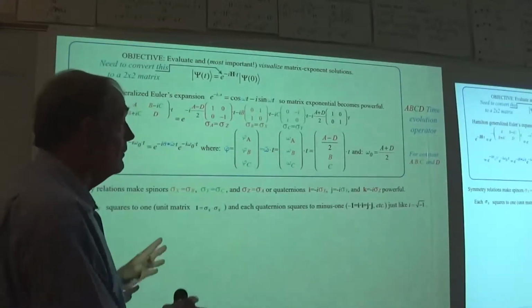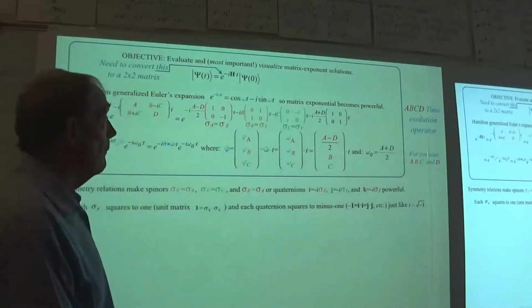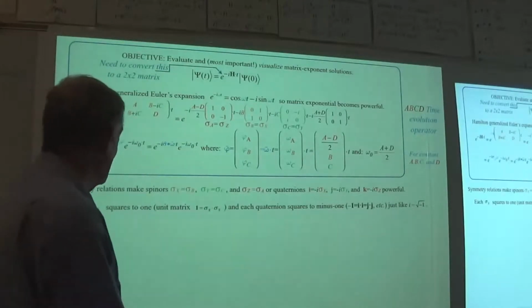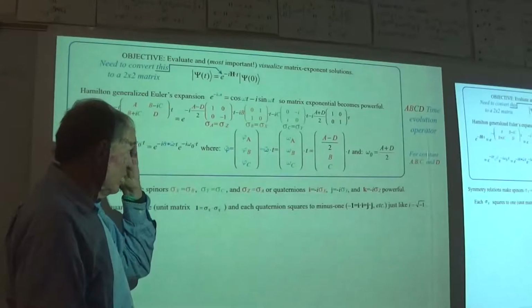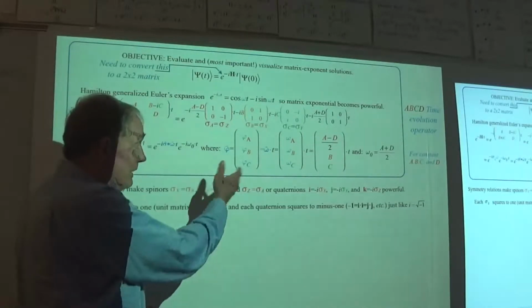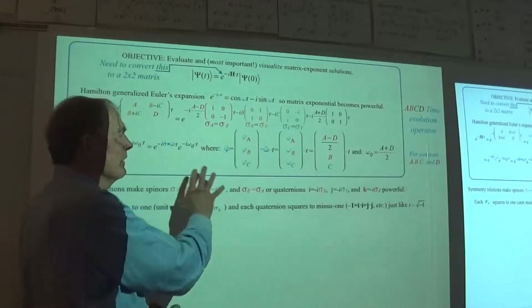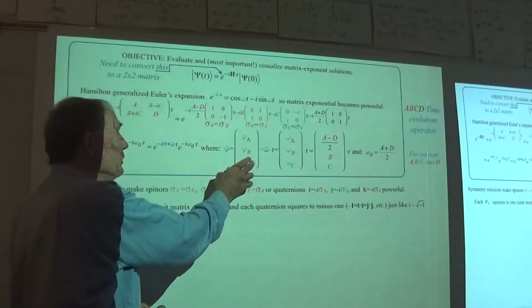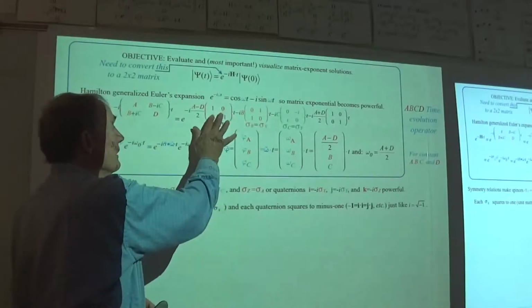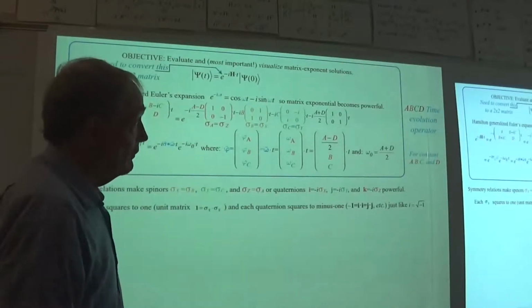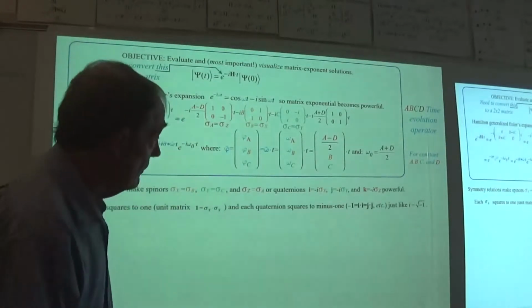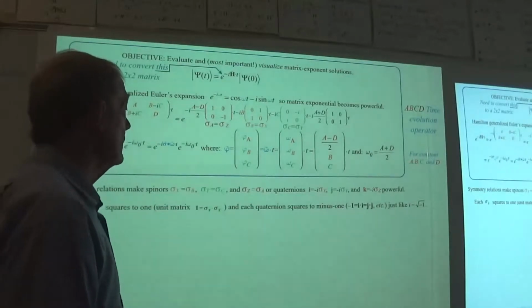That's all we're going to do for the next almost a dozen slides. But in the process, I want to go through and make various pieces of the thing that we're going to be needing to use when we do get this reduced to a 2-by-2 matrix that we can easily write down for any of the parameters A, B, C, D.